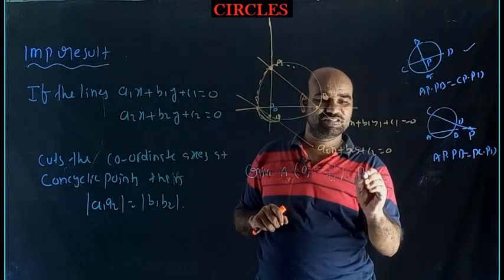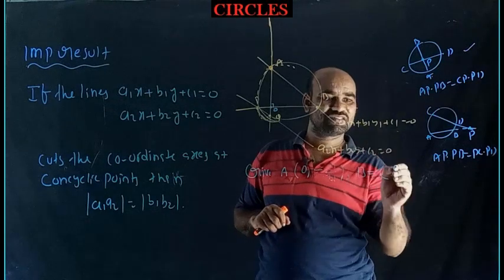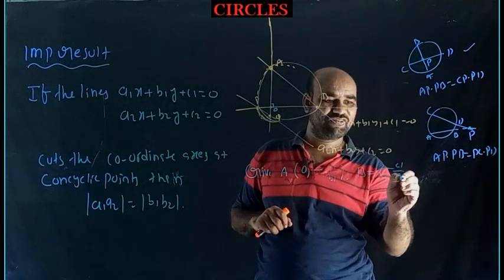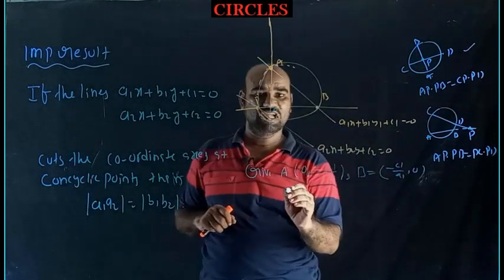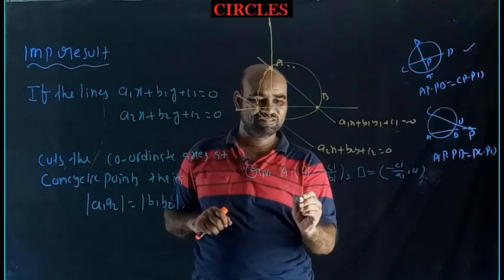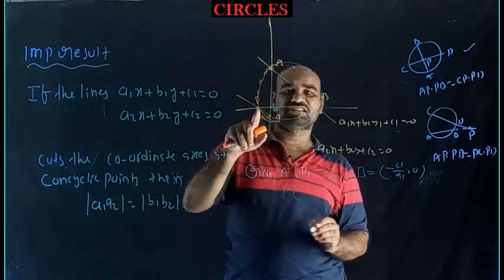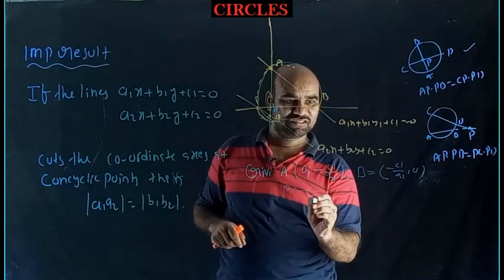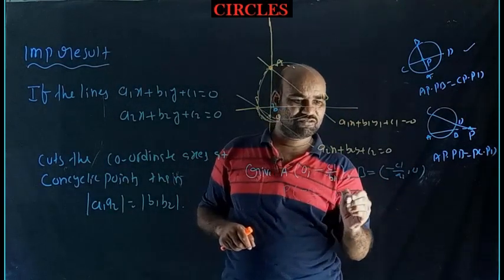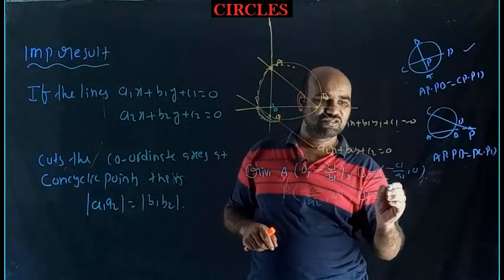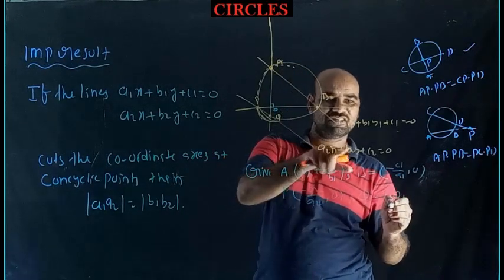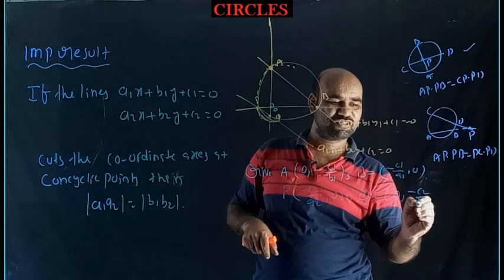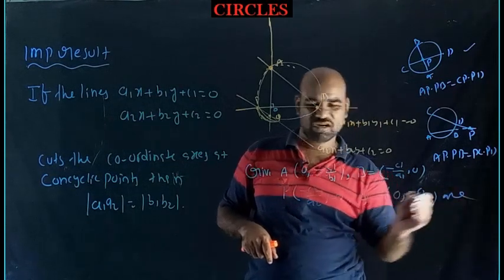Next B. B means minus c1 by a1 comma 0. And P means the x intercept of this line, y equal to 0, minus c2 by a2 comma 0, and Q is 0 comma minus c2 by b2. These are concyclic points.